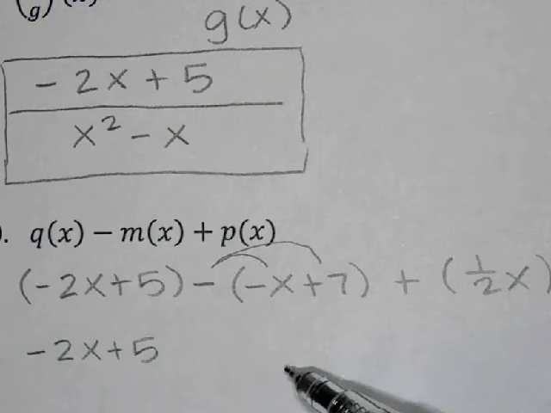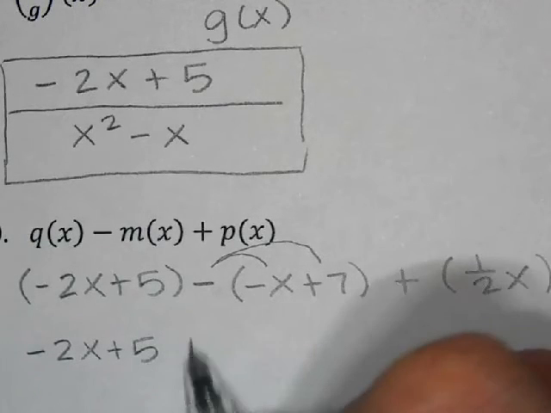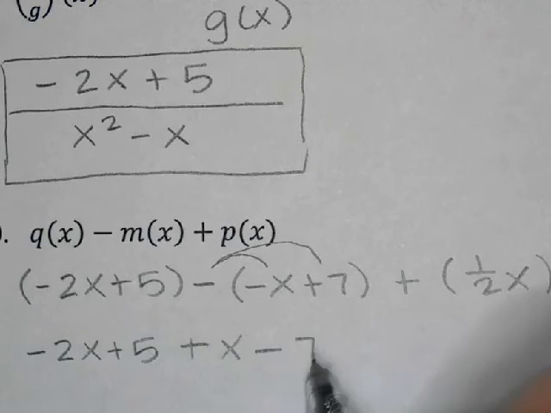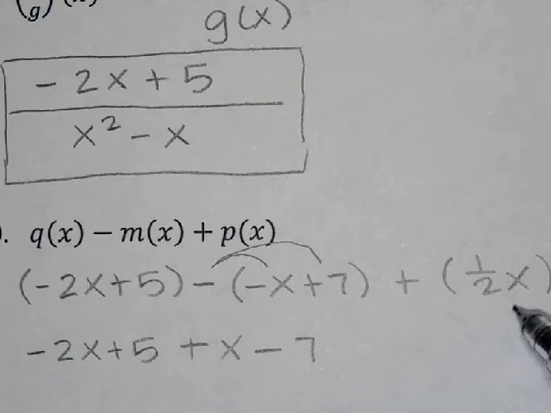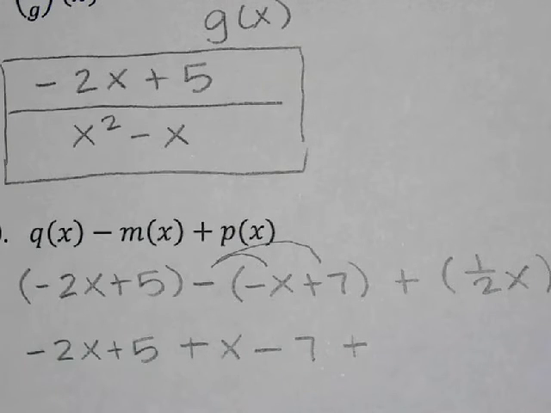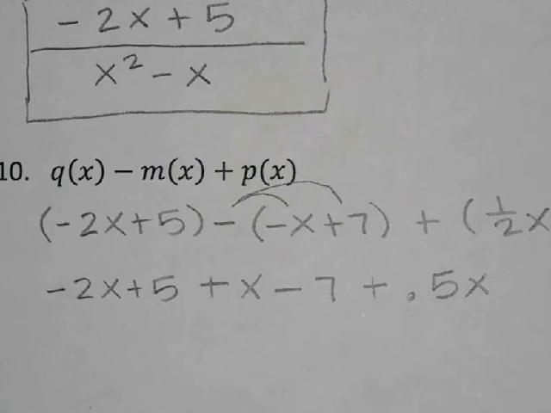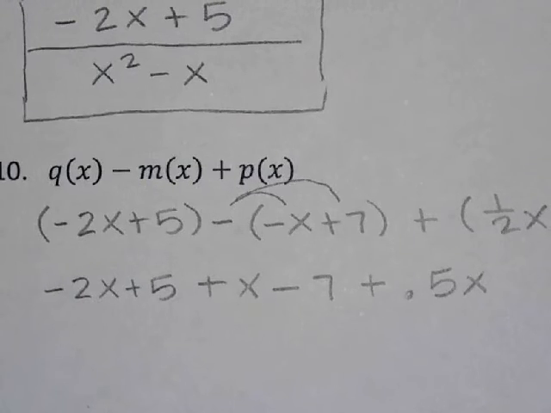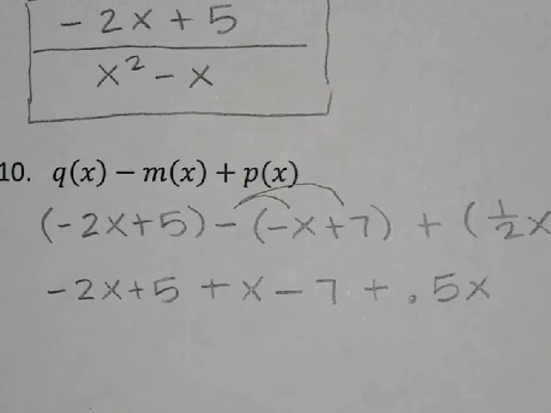And then what should I write for the end? Yeah, just plus 1/2. Would you guys rather write it as a decimal? Would that be better than a fraction? You want 0.5? Yeah? Okay. So if we start to put all of this together, we only have x's and regular numbers. So we've got negative 2x, 1x, 0.5x.